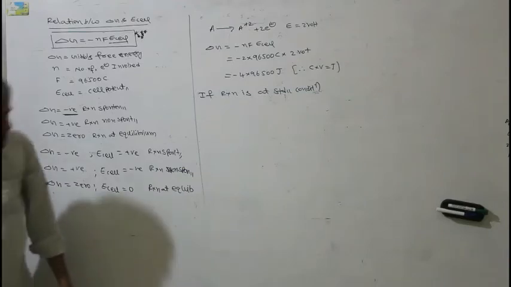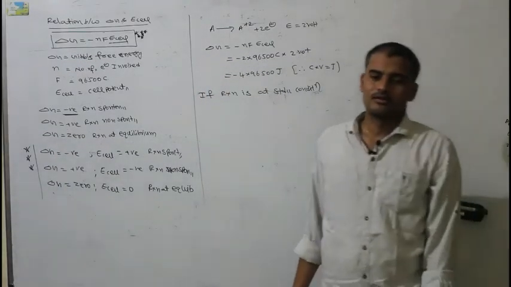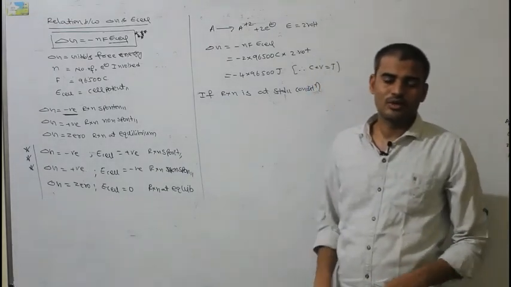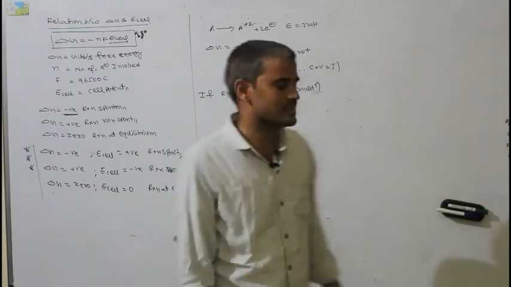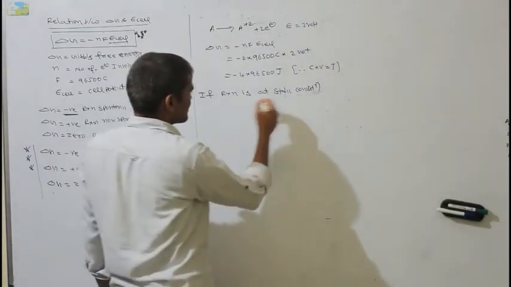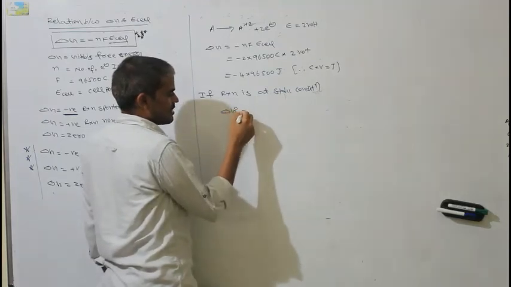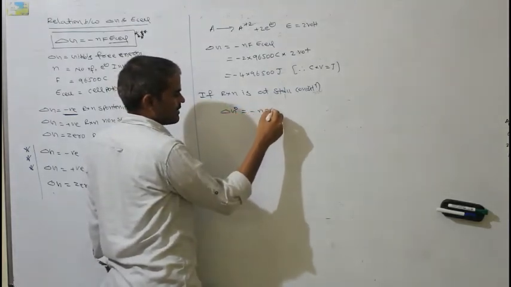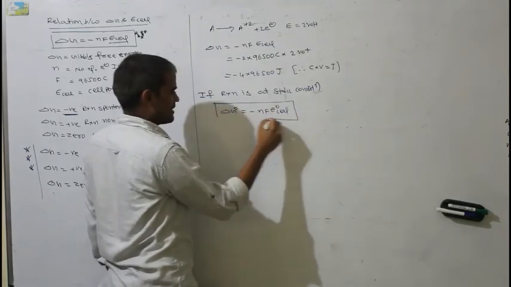What is meant by standard condition? 1 atmosphere pressure, 1 molar concentration and 25 degrees Celsius temperature supposed to be present. So if the reaction is at standard condition, the equation becomes del G naught is equal to minus nFE naught cell.